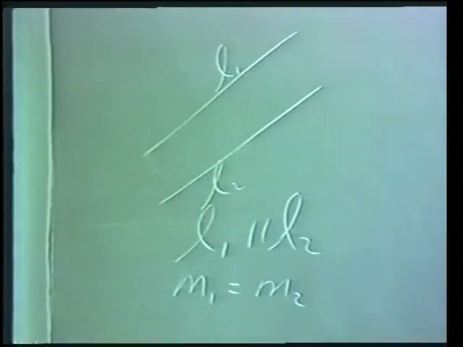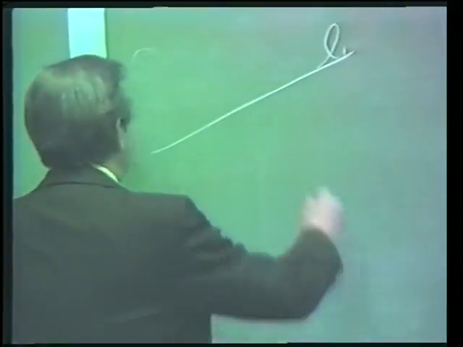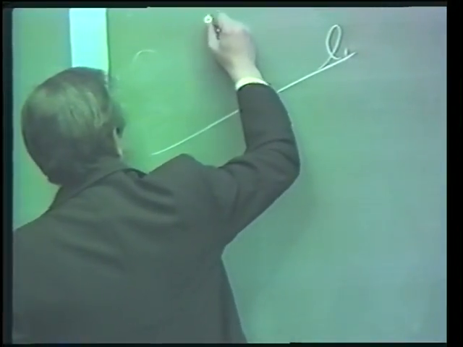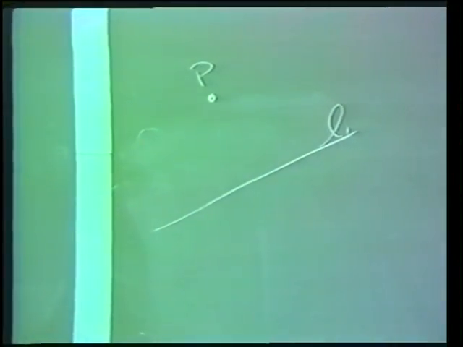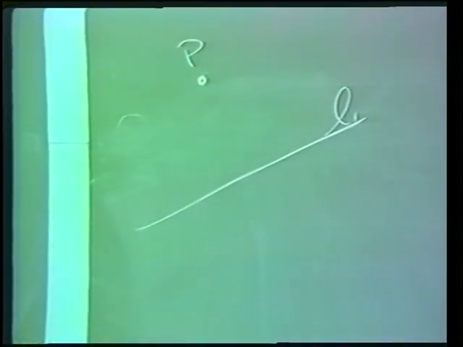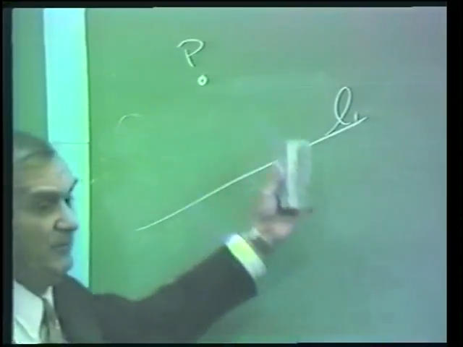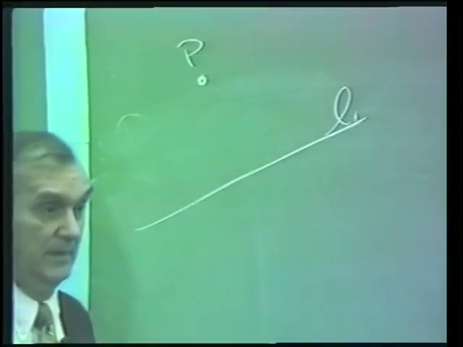Let's suppose I have a line, I'll call it L sub 1, and I have a point P that's not on that line. How many lines can I draw through point P? An infinite number, right? Everybody agree with that? How many lines can I draw through point P that will be parallel to L1? 1.